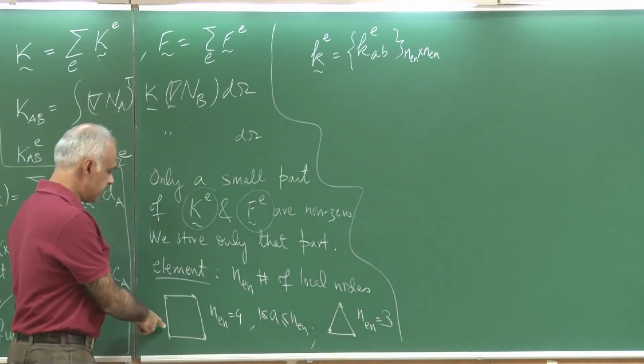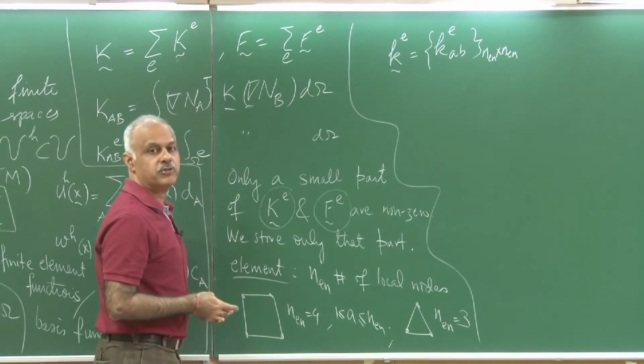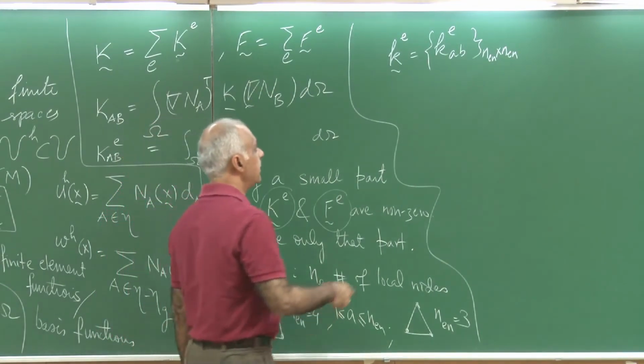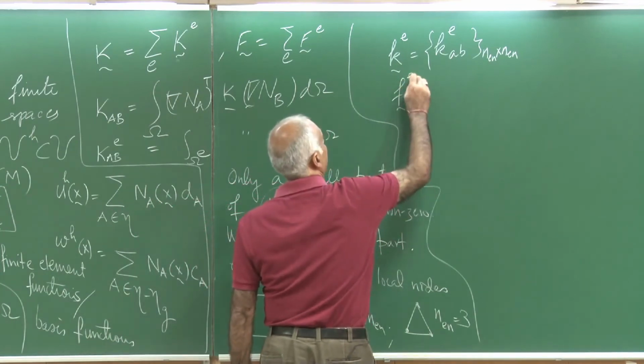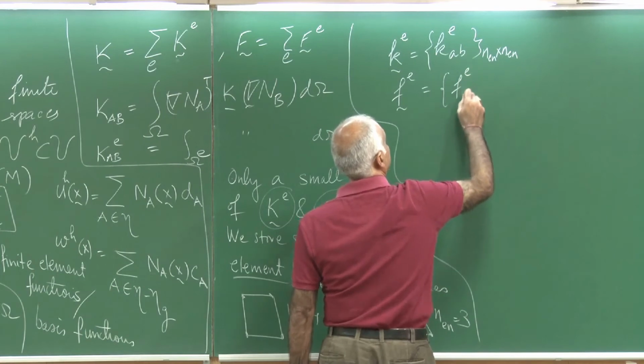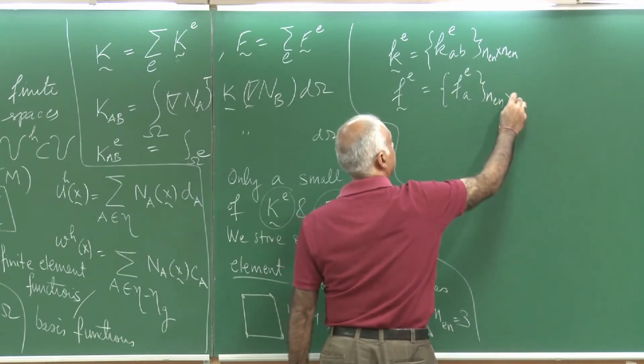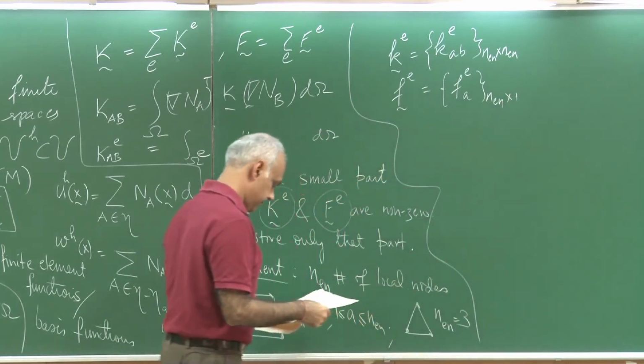So, if it is a quadrilateral element, then we are talking about a 4 by 4 matrix. Similarly, my FE is given as FaE, and the size is NEN rows and 1 column.